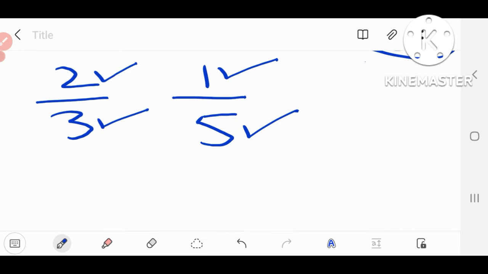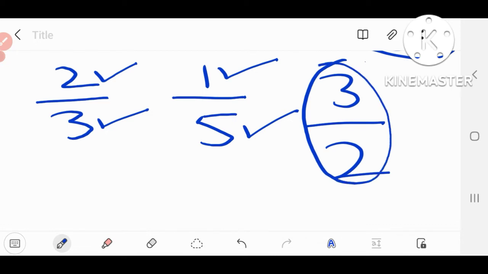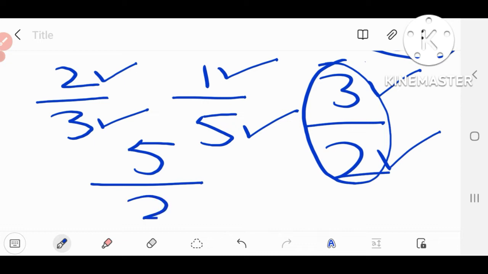Against it, if the numerator is high and the denominator is low, for example 3 divided by 2, this fraction is called an improper fraction, because the numerator is bigger than the denominator. Similarly, we can say 5 divided by 2, 5 is greater than 2.